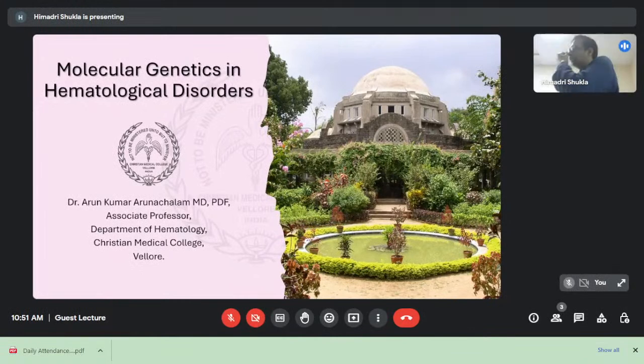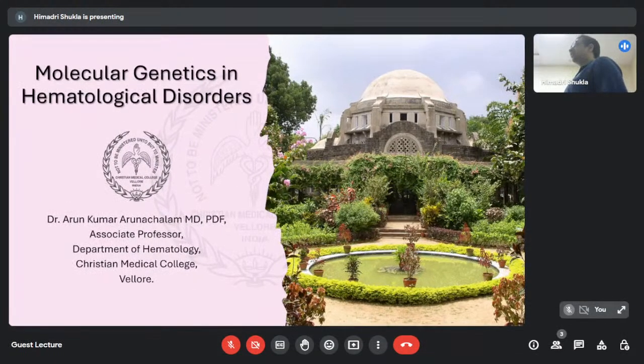Just to give you one example, I was all into morphology, and the exam that I gave, my MD exam in 2015, officially that was the last time I saw a morphology slide or reported any morphology, because right from then, it has all been molecular techniques, flow cytometry, and all the other ancillary techniques. It's still not accessible in every part of the country for sure, but now it's a lot more available as compared to when I was a student.